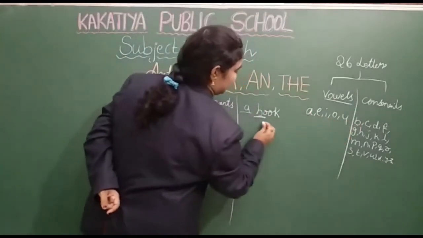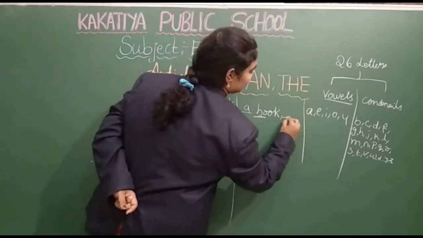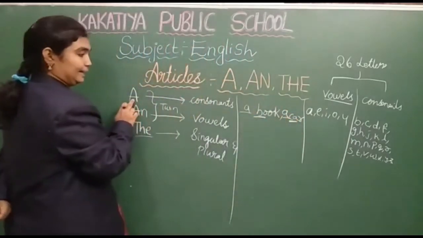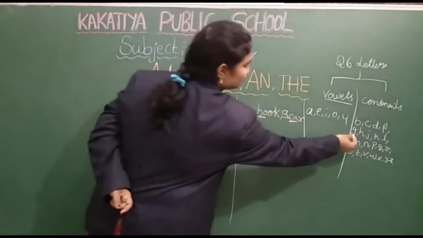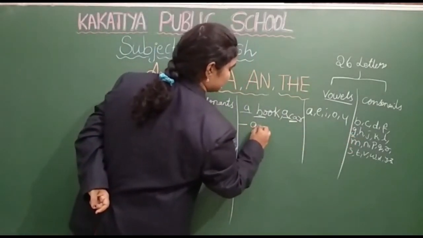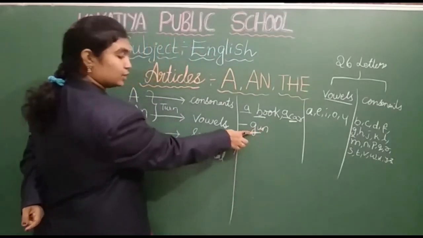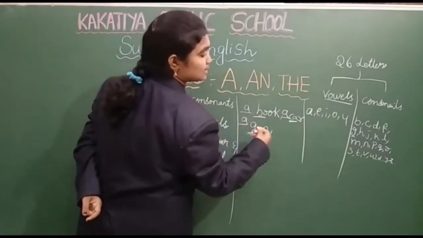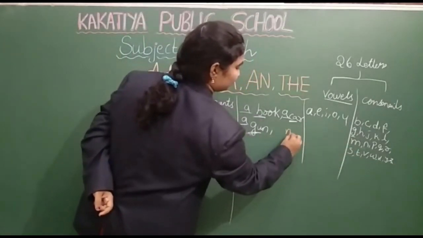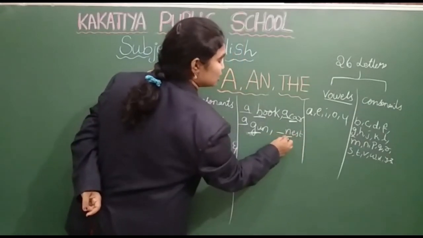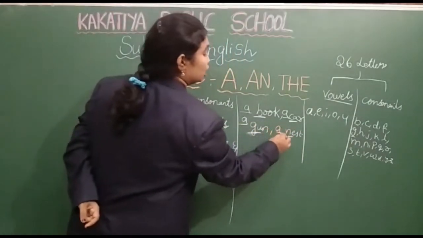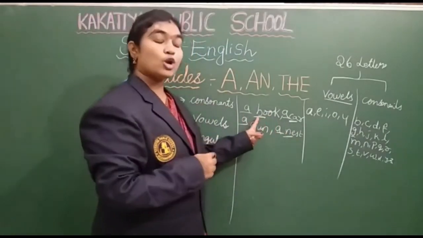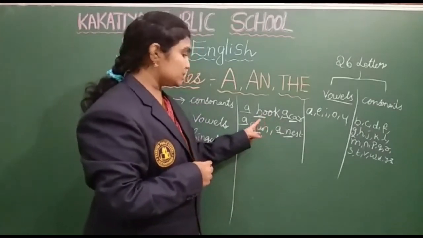Another consonant, C. It is a consonant sound, so we are using the article A. Let us see G. It is a consonant letter, so we are using A. One more example, N. N for nest. It is also a consonant letter, so we are using A. Whenever we use a noun with a consonant sound, we will be using A.